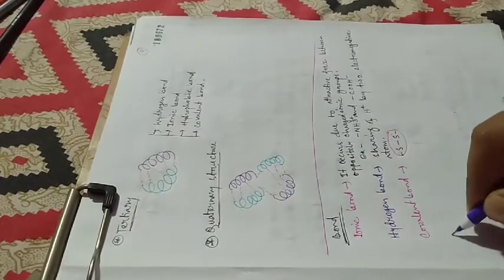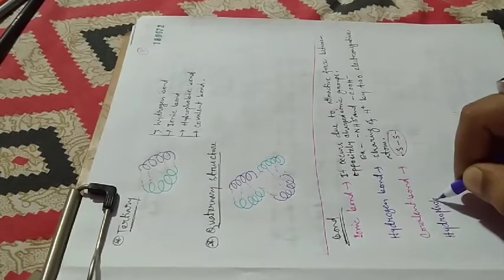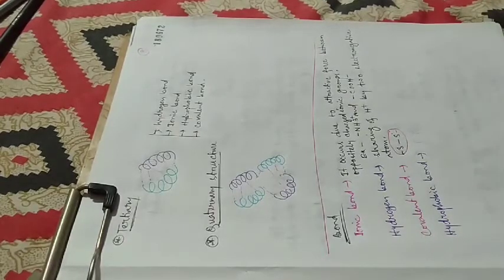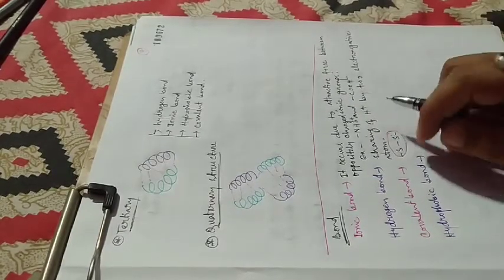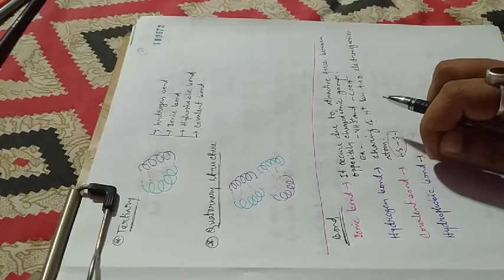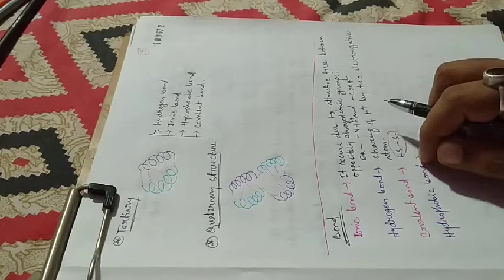Next, the hydrophobic bond. What is a hydrophobic bond? It is formed between two non-polar groups. It helps in excluding water in that area and increasing the compaction. That is called a hydrophobic bond.